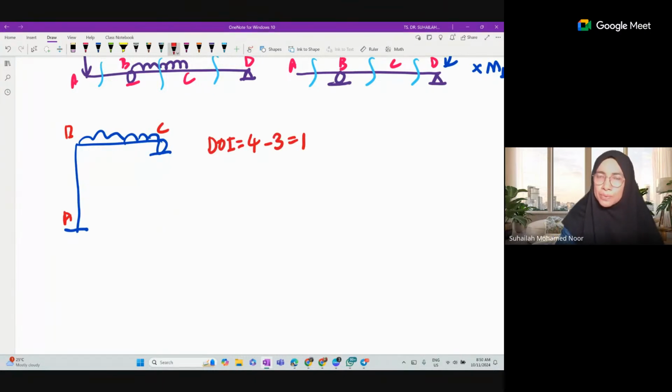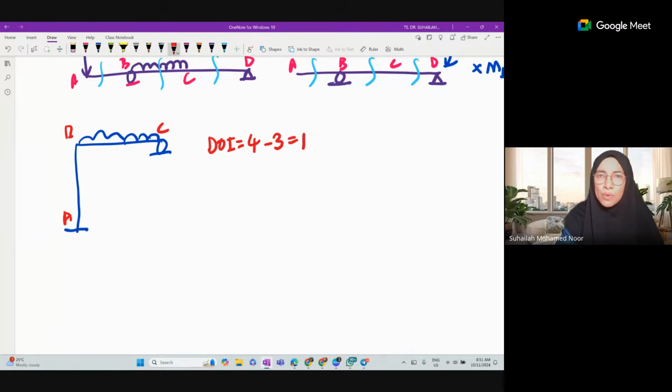Remember, to have a stable and determinate frame, we can have one fixed support or 1 pin and 1 roller. So we still have 2 possibilities.